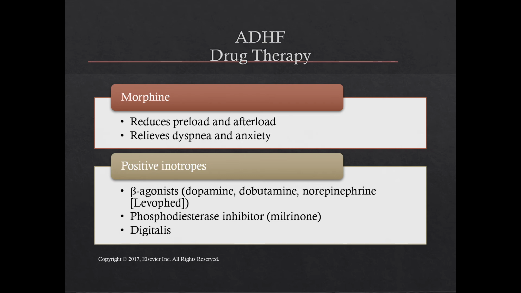So drugs like maybe the beta agonists that are here, dopamine, for example, or norepinephrine and whatnot, they'll be used short term, not long term. Milrinone is used as well as a dilator. It increases myocardial contractility. It has an inotropic effect as well. Same thing, right? It increases contractility.